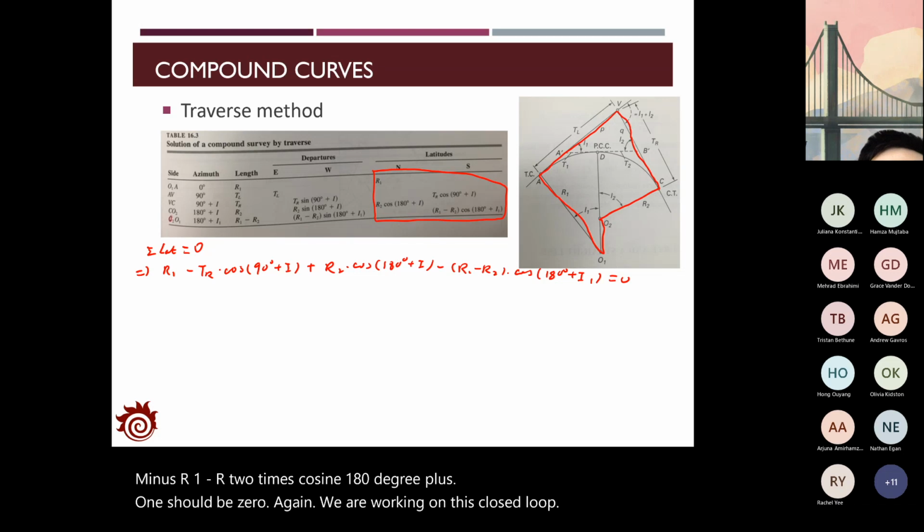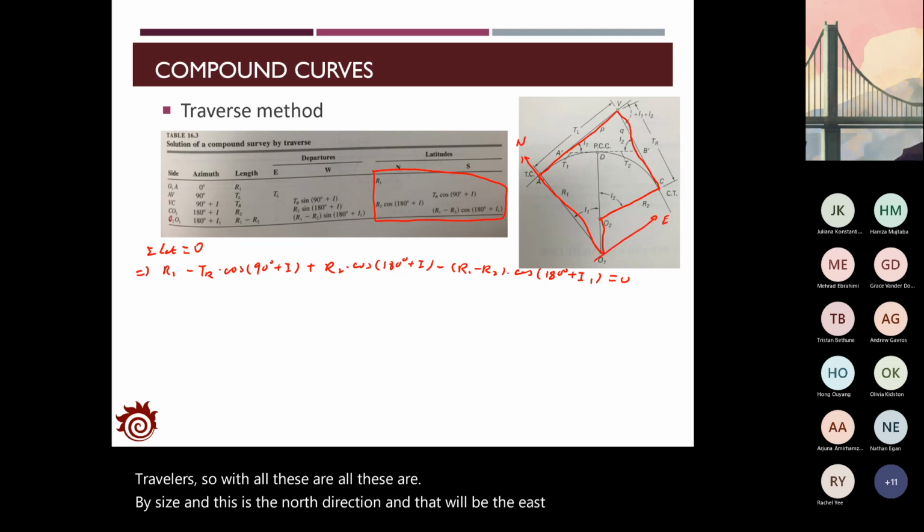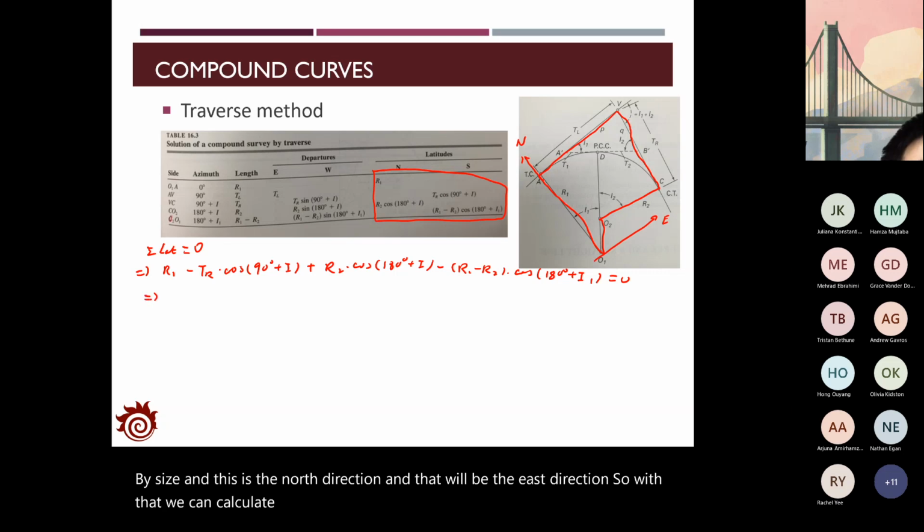traverse. So with all the 5 sides, and this is the north direction, and that will be the east direction. So with that, we can calculate the value of the TR as the function of the radius and also the angles of the arc.